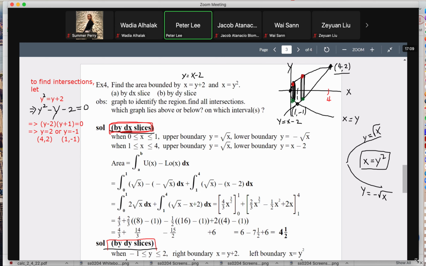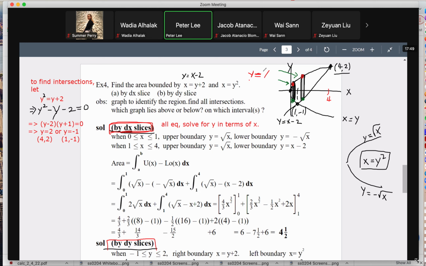Now, because this is in dx slices, all the equations must be solved for y in terms of x. We have to get the equation as y equals something else. Now, what is the upper boundary function here? Let's look at this point and this point also. The upper boundary function is y equals square root of x.